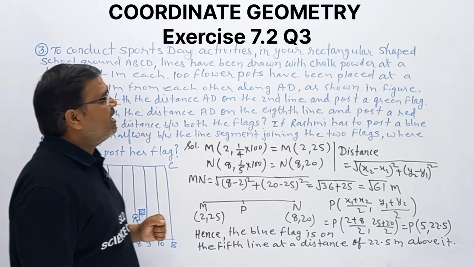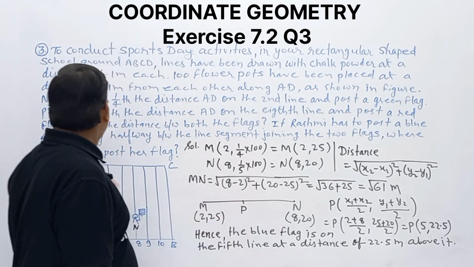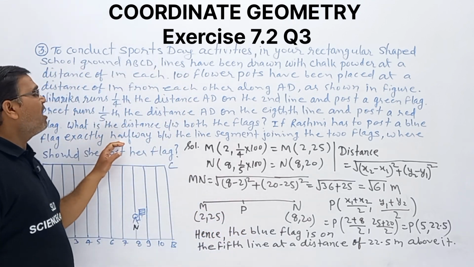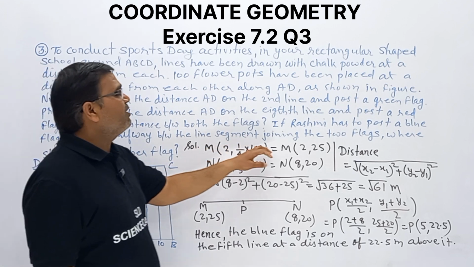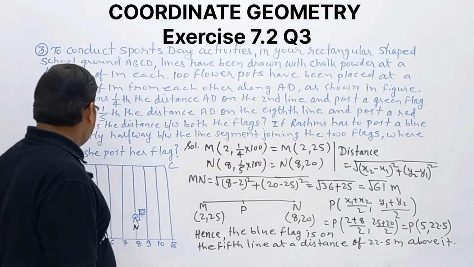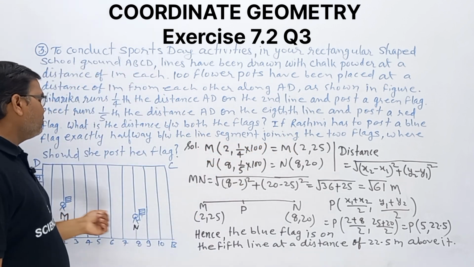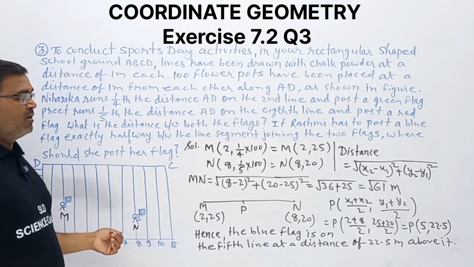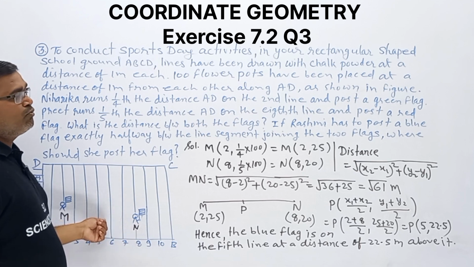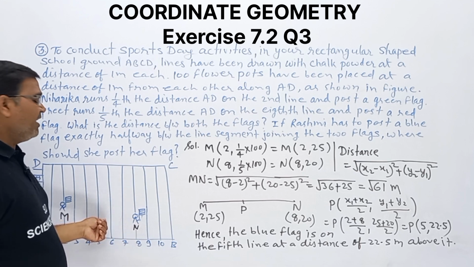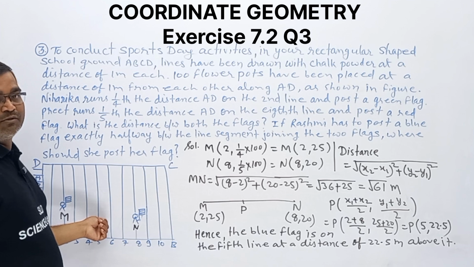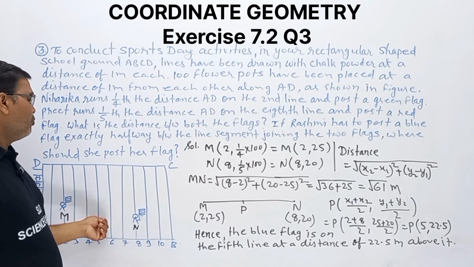Another thing we want: if Rasmi has to post a blue flag exactly halfway between the line segment joining the two flags, between these two points, Rasmi has to post a blue flag. So we will use the midpoint formula.